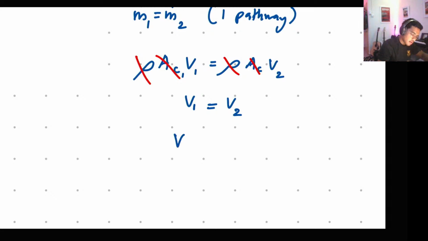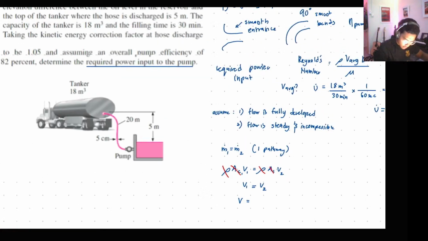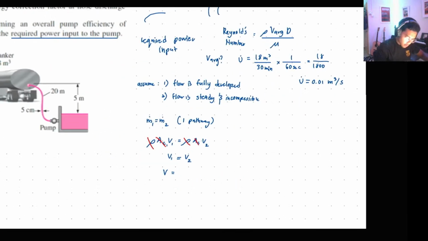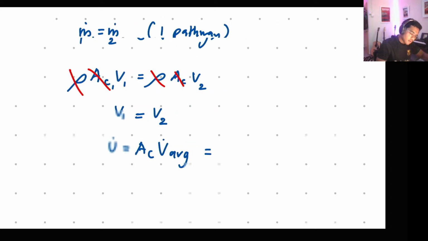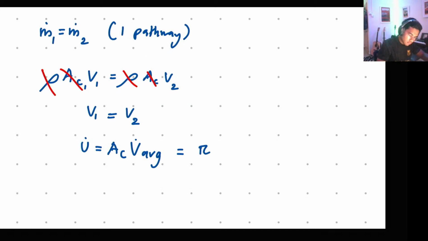So what is the velocity? Velocity equals Ac times V average, so pi r squared times V average.